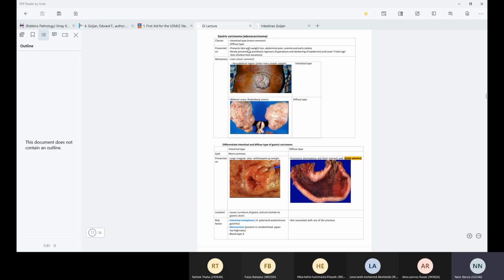It presents late. For that reason, it has very poor prognosis: weight loss, abdominal pain, anemia, and early satiety. Here, pay attention to early satiety. Wherever you hear early satiety, it is related to stomach mass.